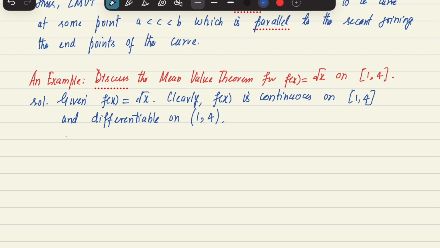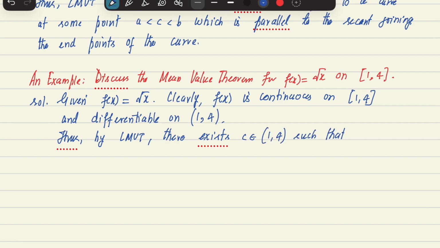Therefore by Lagrange's mean value theorem, there exists c belonging to the open interval (1, 4) such that f dash of c is equal to (f of b minus f of a) divided by (b minus a).